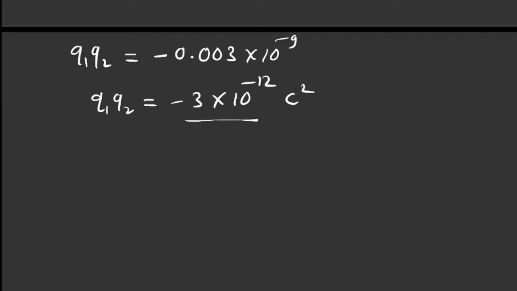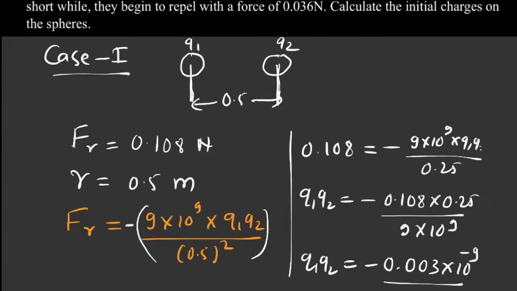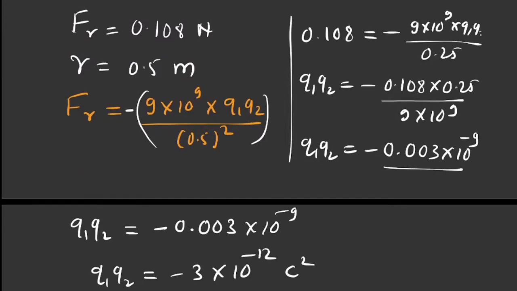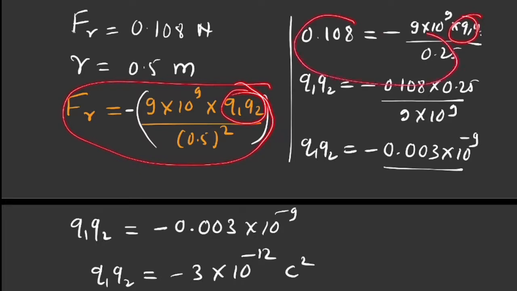And now from case 1, what did we get? Force is given and distance is given, and because it is a repulsive force, one charge is positive and one charge is negative. Therefore, I will put the negative sign here for repulsive force, every time. And from this situation we got Q1 into Q2 because everything is given.